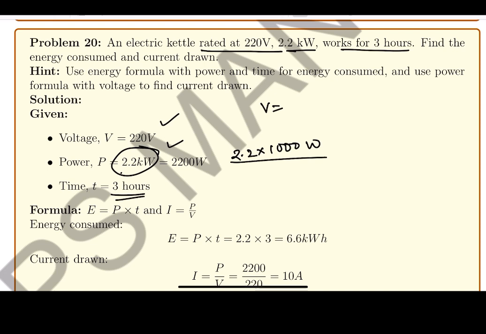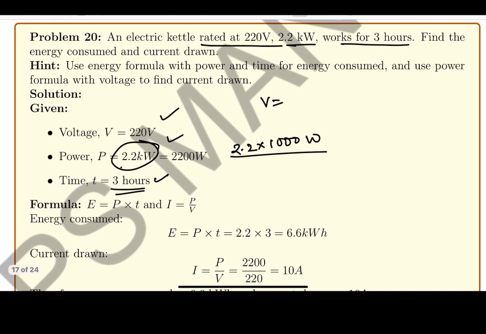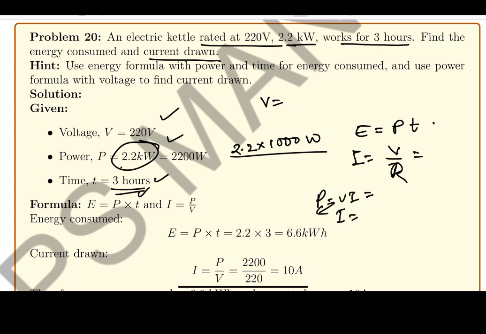It works for 3 hours. So find the energy consumed: energy is P into T. And current drawn I is V by R, but R is not there, so I can say P is equal to VI, so I will be equal to P by V. Use this formula.